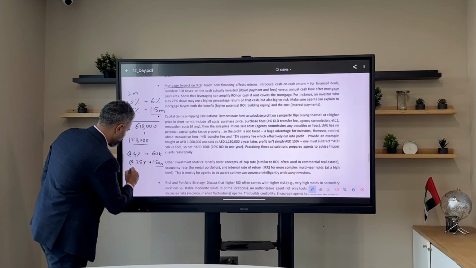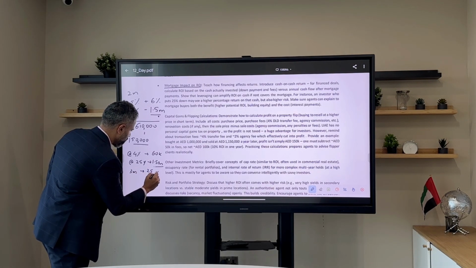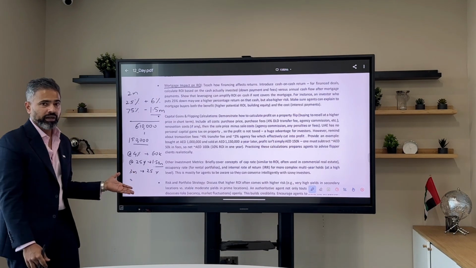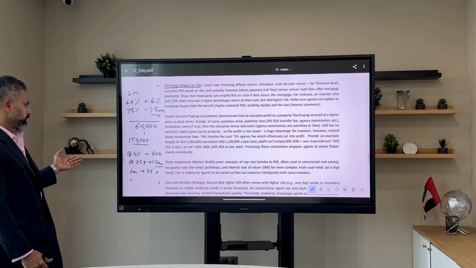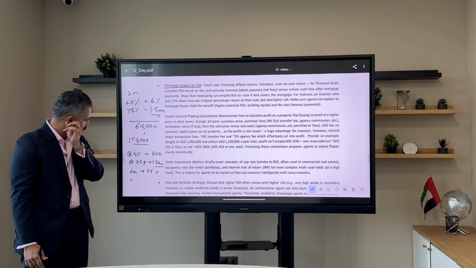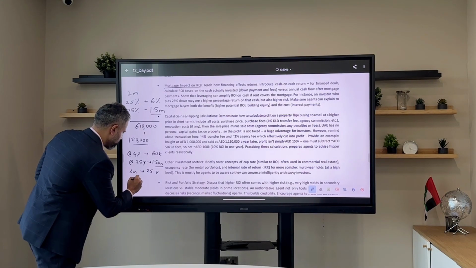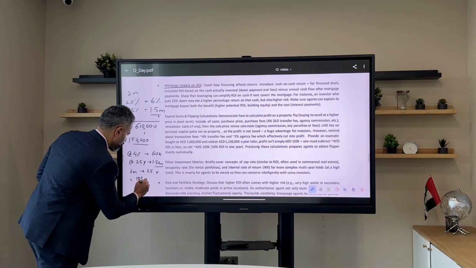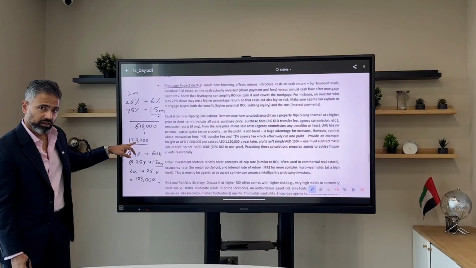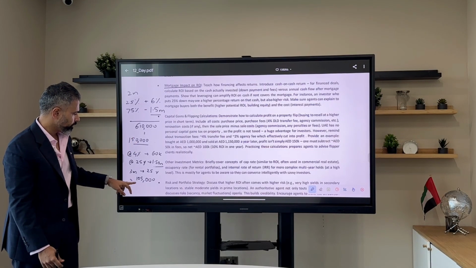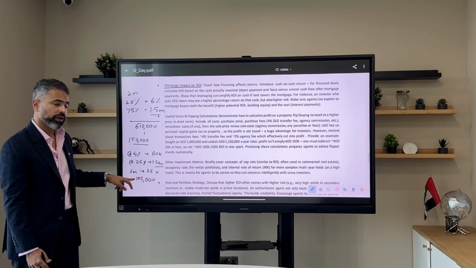So in total, you're paying about 3 million over a period of 25 years, which if you break it down on a per annum basis, you're probably looking at about roughly 105,000, let's say, yearly.